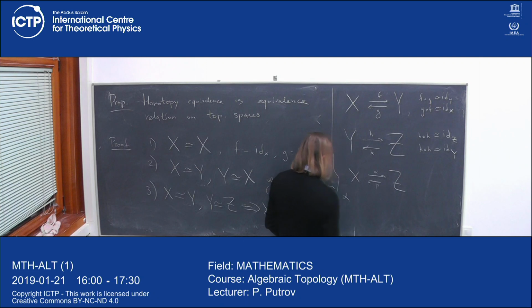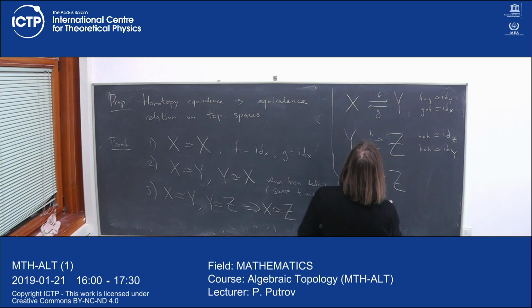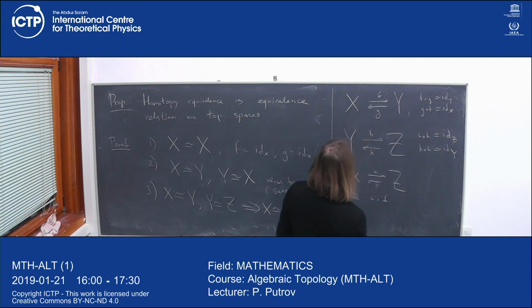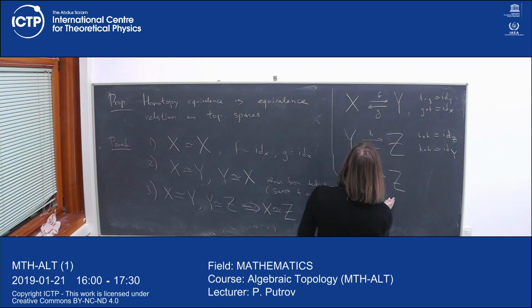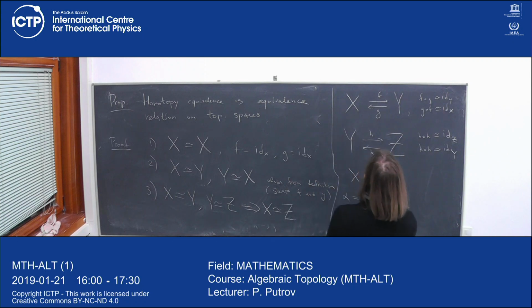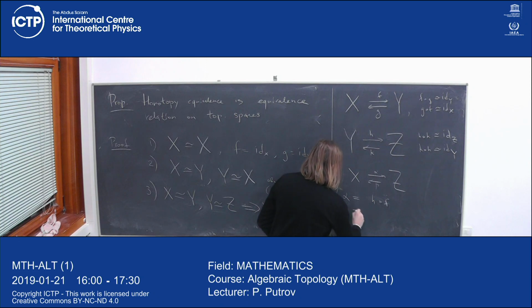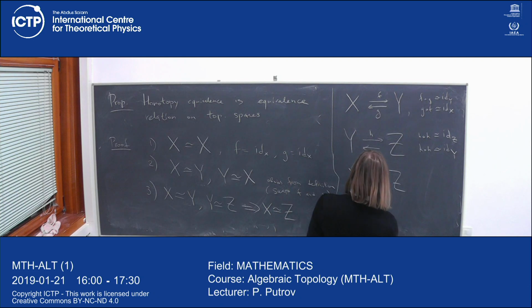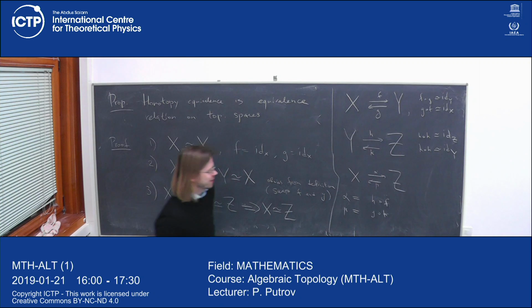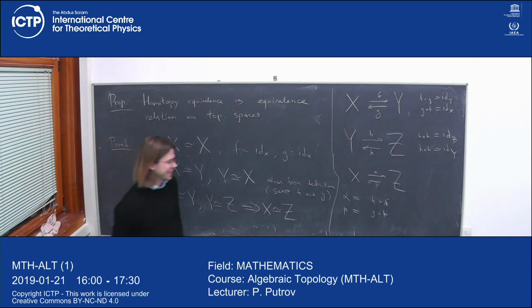The claim is that I can take alpha to be a composition of H and F, and beta to be G and K. I hope the order is right.